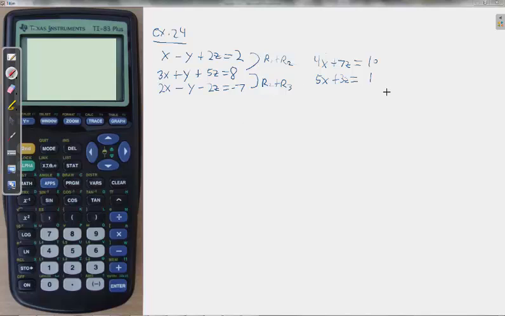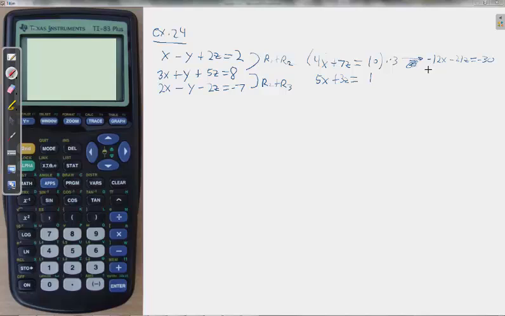Well, we know how to solve these, either by substitution or elimination. I would think it's really about 6 of one, half dozen of the other. I'll take the top one times negative 3, which would get me negative 12x minus 21z equal negative 30.